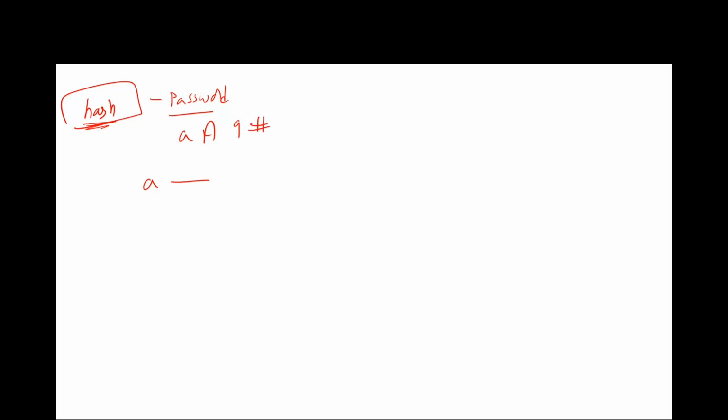Now let us say the hash value you saw in the SAM file and the hash value you calculated are both the same. Can you say the user account password is A?